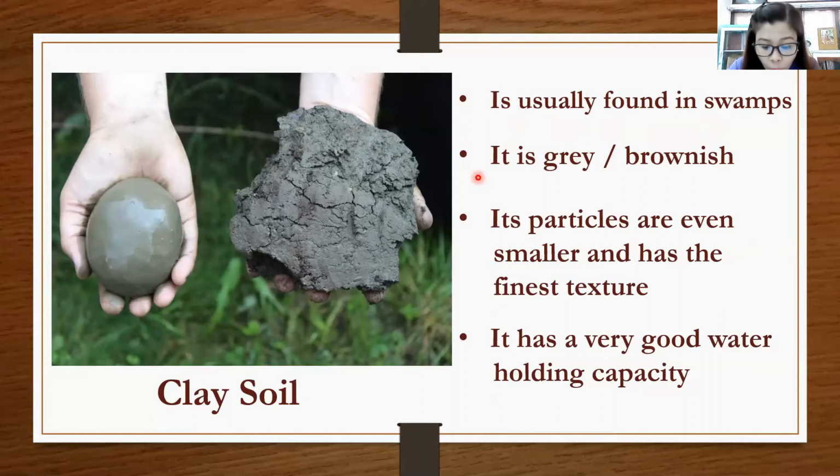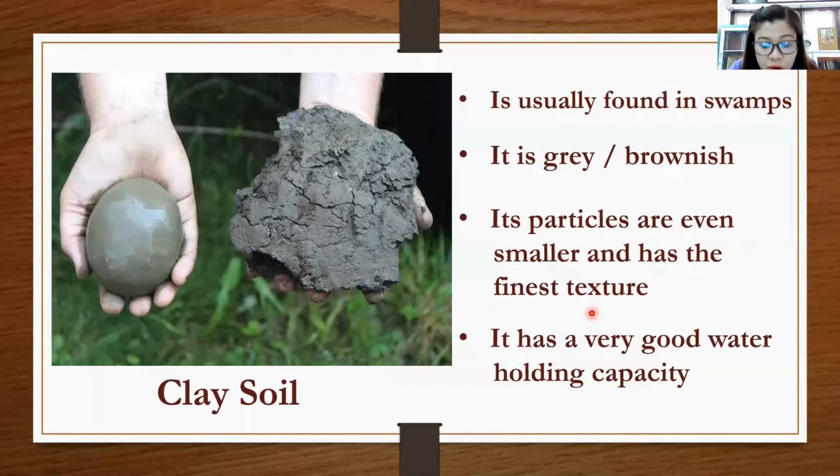Some clay soil are red, some are rusty orange, brown, gray, and even blue-gray. Maybe gray and brownish. So its particles are even smaller compared to the sandy soil and loamy soil. And clay soil has the finest texture.